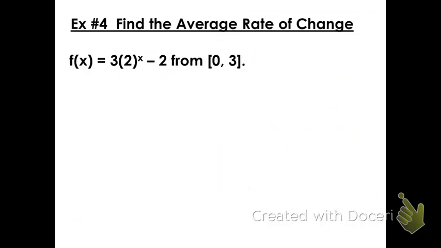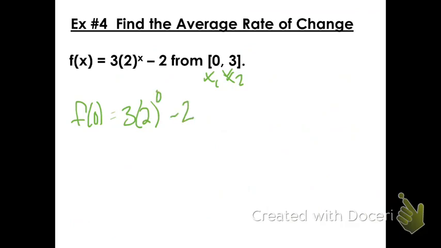All right, same thing. Now, same thing applies. These are my x values, x1, x2, right? We're going to plug them in. F of 0 equals 3 times 2 to the power of 0 minus 2. Plug my 0 in because my input, got to find my output.